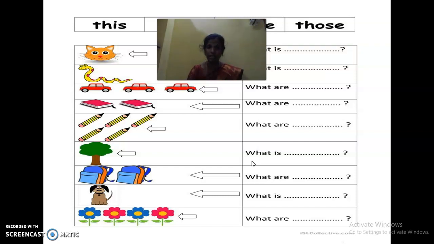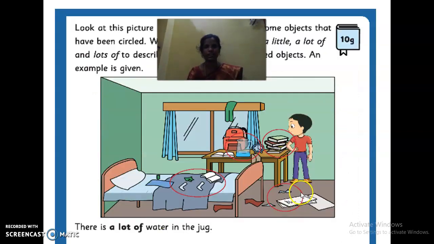If the object is near and it is plural, you have to write these. Then for a singular noun where the object is far away from the person, you write that. If the noun is plural and it is far away from the person, you have to write those. Do you understand? Yes. The next one.